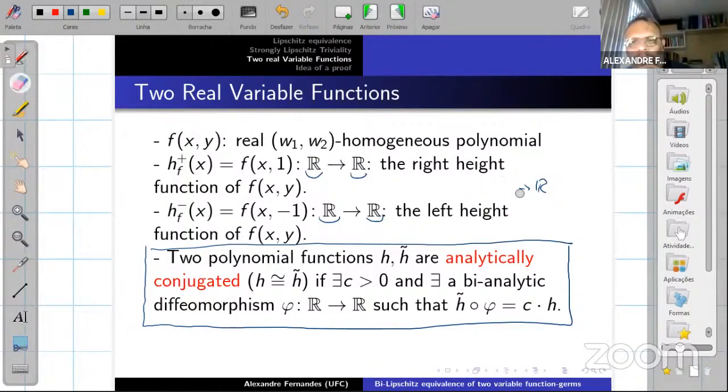Okay. So, two polynomial functions are defined on the whole real line.